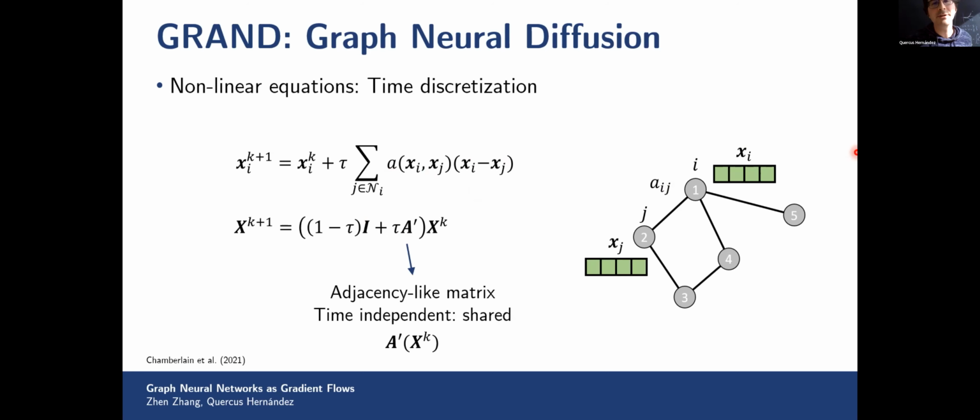They claim in the paper that if you make it time independent, that means that they have shared parameters. When you do the convolutions, they all have the same shared parameters, so the parameter count decreases a lot. If it were time dependent, you would need a different set of parameters for each time evolution of the diffusion equation, which would be more expensive. But if you suppose time independence, those weights are shared.